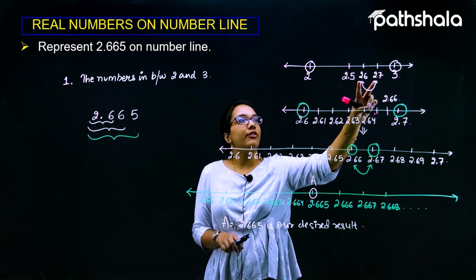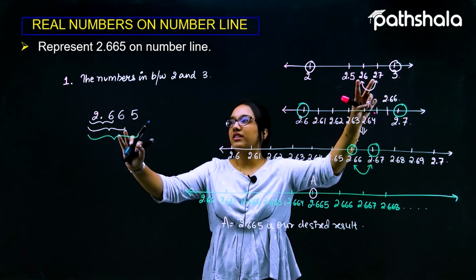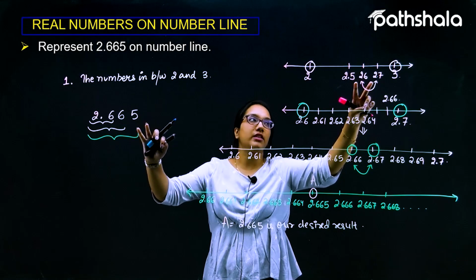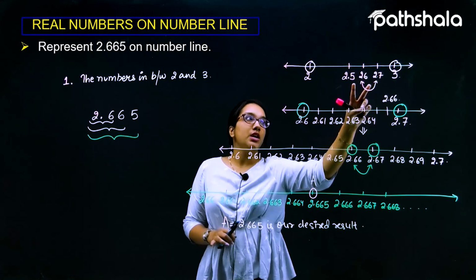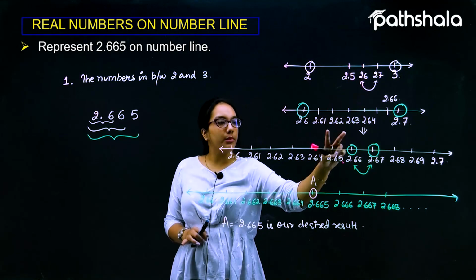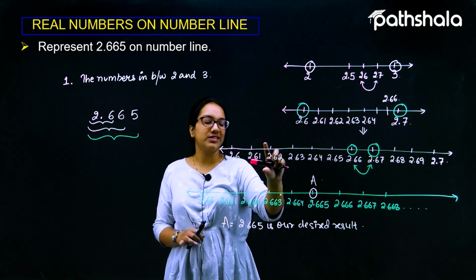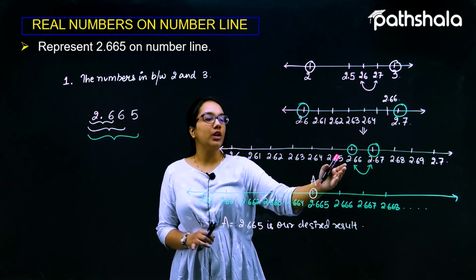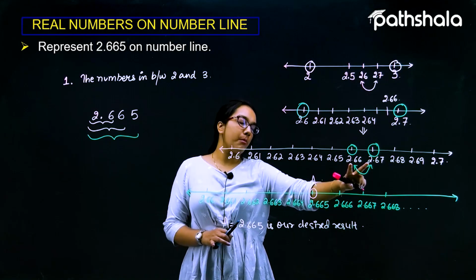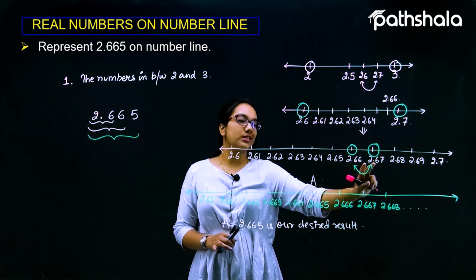The number would definitely be between 2.6 and 2.7 because it is 2.665; the decimal digits are 665. After magnifying it a little bit, we get 2.6, 2.61, 2.62, and so on. Further magnification was required because the number lies between 2.66 and 2.67.